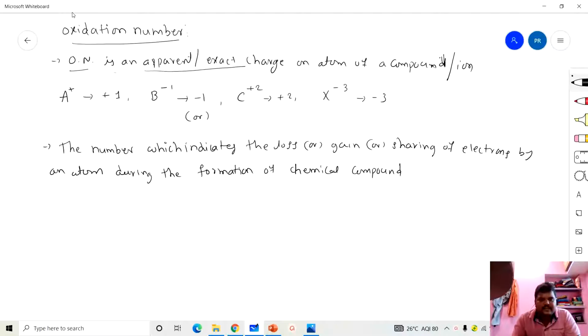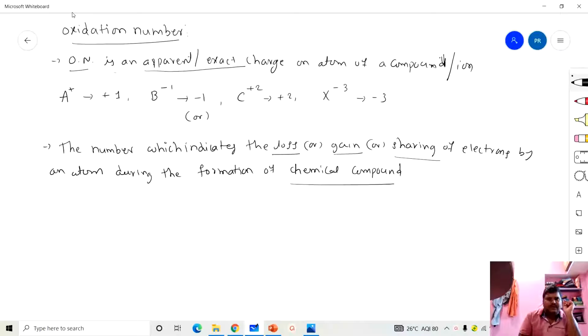What is that? The number which indicates the loss or gain or sharing of electrons by an atom during the formation of a chemical compound. That is also called oxidation number.